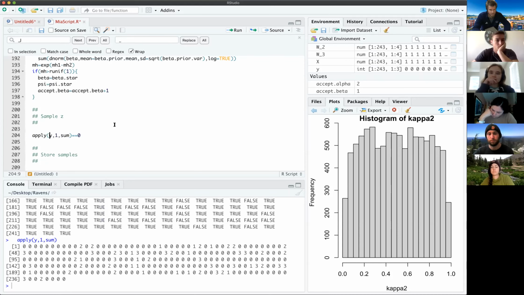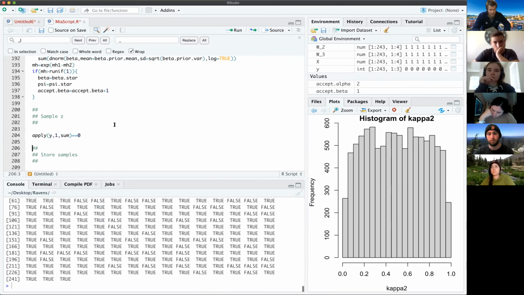Okay. So when this says true, we're going to want to sample z. When it says false, we don't need to sample z. When it says false, we know that z equals 1. So we can say z dot star, when this is greater than 0, equals 1.